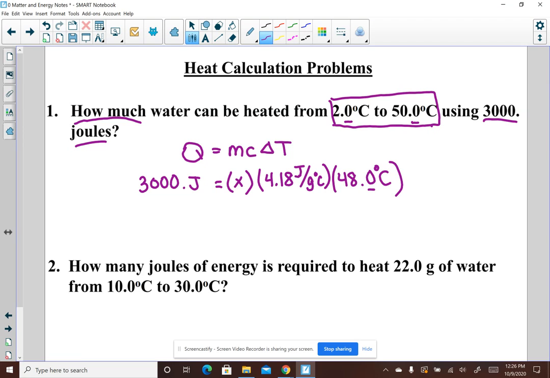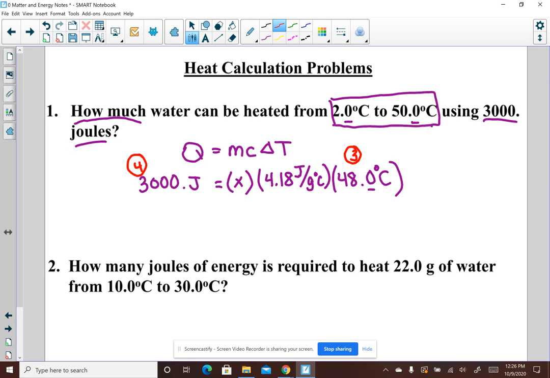Now the rest of my math here is going to be multiplying and dividing. So I'm just going to change the color so you can see this better. So if I look at my numbers here, 3,000 has 4 sig figs in it, 4.18, well, for constants, you can kind of ignore constants. So don't worry about the 4.18. 48.0, which is the temperature, has 3 sig figs in it.